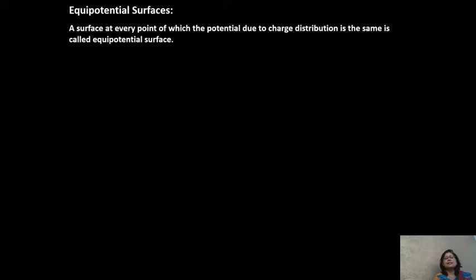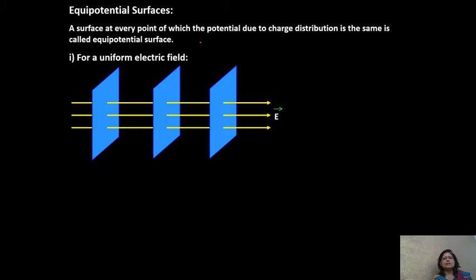A surface at every point of which the potential due to a charge distribution is the same is called an equipotential surface. It means if you are plotting a surface of uniform electric field, then these surfaces are equipotential surfaces.